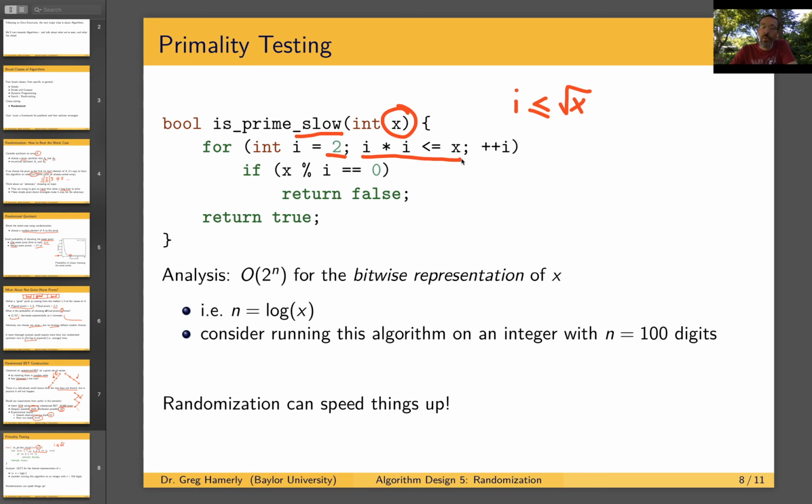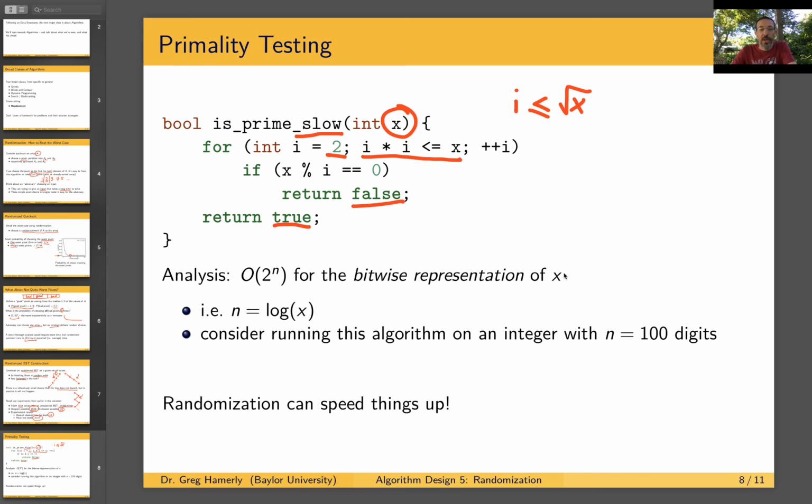It's just that this does it with integer math, and we increment i. If x mod i is equal to 0, that's another way of saying if x is divisible evenly by i, then we can return false. In other words, this is a composite number because i was a factor of that number. And if we get through this entire loop and we haven't returned false, then we can return true. This works, but it's slow.